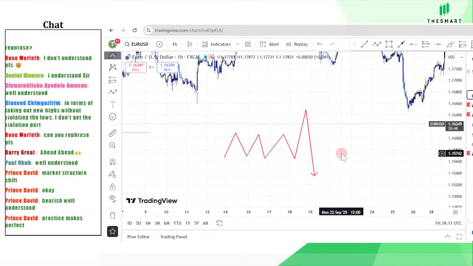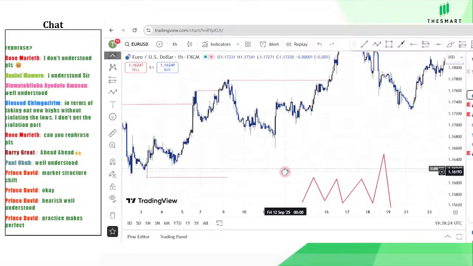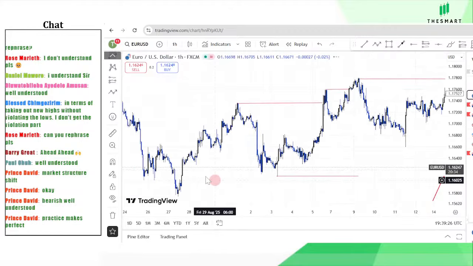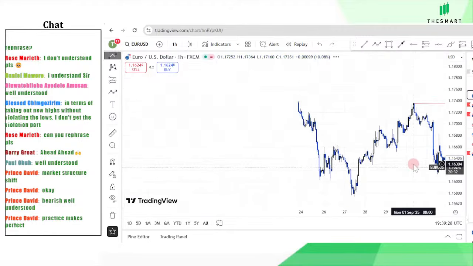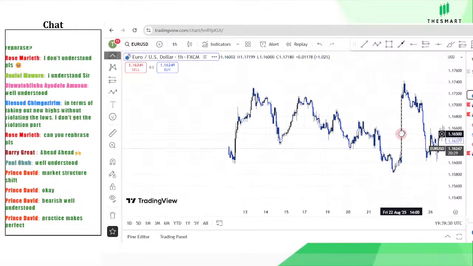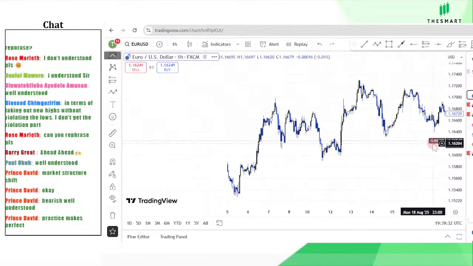All right, so you have to think smart. You have to be very, very calculative. So seeing a pattern like this, you have no business with the market. Now, let's look at the chart to actually see what a consolidating market looks like. Let me see if I can find one.